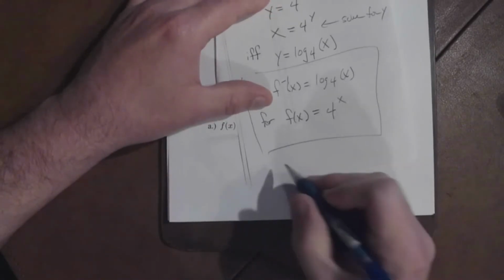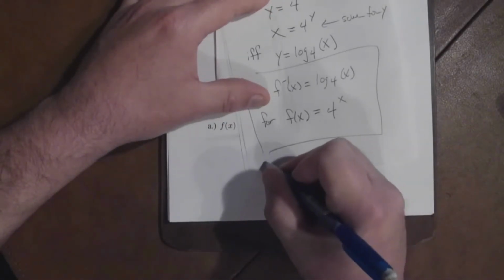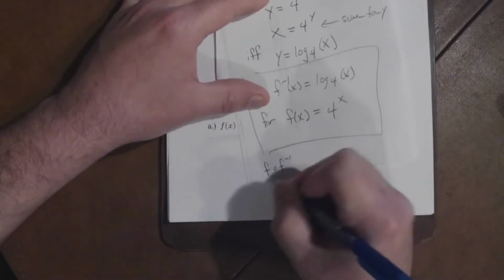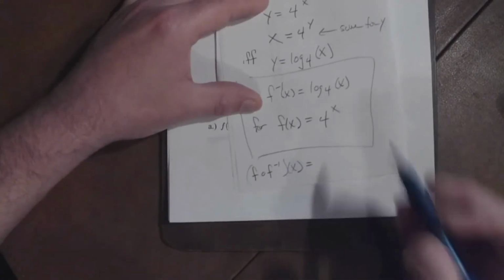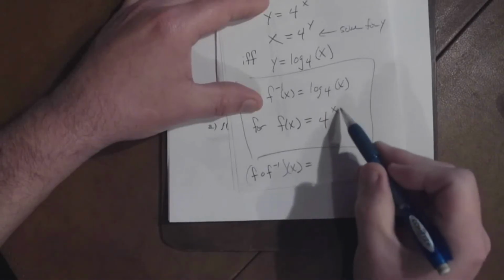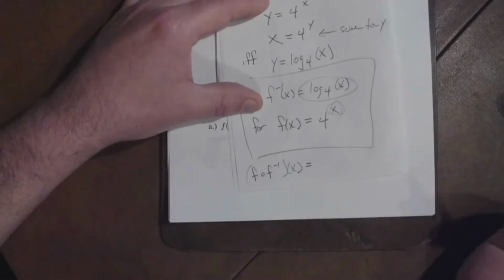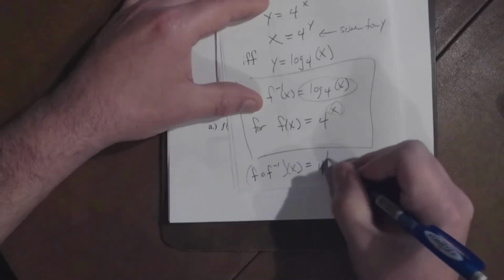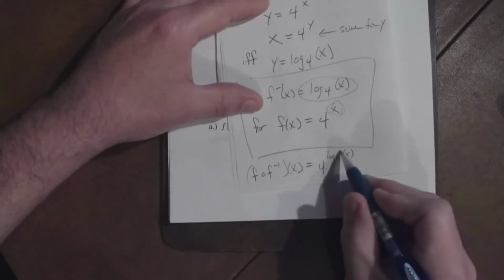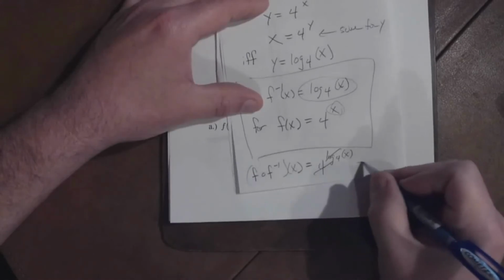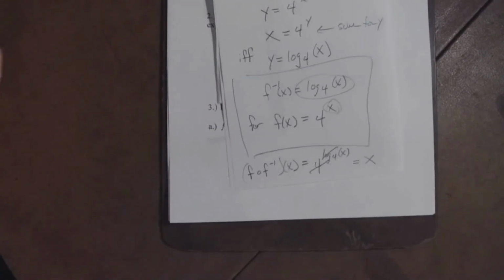If we compose them with each other, if I took f and composed it with f inverse at x, that would be plugging into this power of x the log base 4 of x. If I took 4 and raised it to the log base 4 of x power, that log and the power cancel, leaving you just with the value of x.